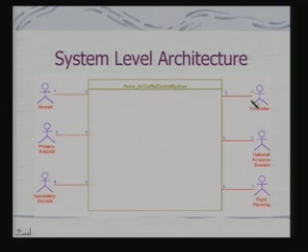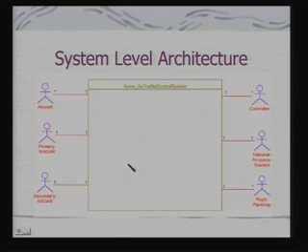Similarly, there are controllers who will actually take the decisions. Then the airspace system, which may be the global manager who has the global picture of the airspace, and the flight planning system which would plan the paths of different flights. So, this way we can represent the top level view of an embedded system.